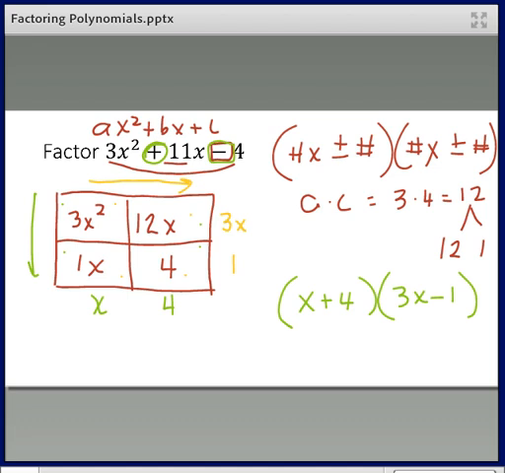And then this is all you need to check: you need to check the outer. What's x times -1? That's -1x. And then you need to check the inner. Now, if that equals positive 11x, which it does, then my factors are right. And I have factored this trinomial.